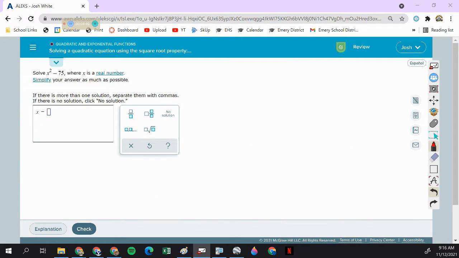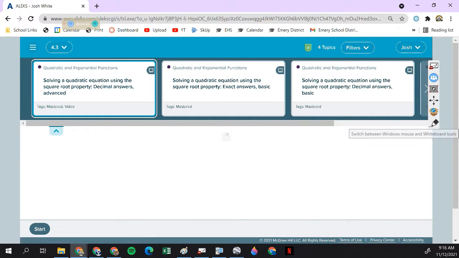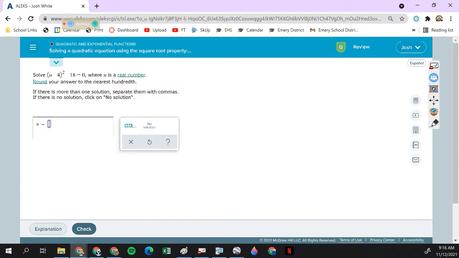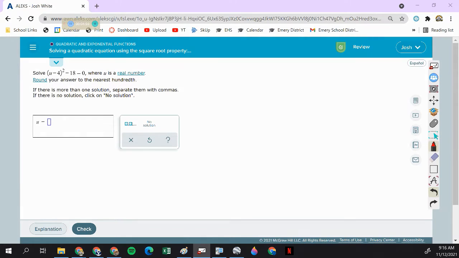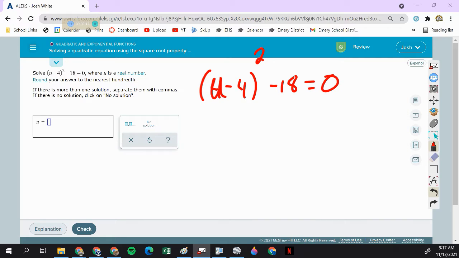All right. And then the last type. We need to solve the quantity u minus 4 squared, minus 18 equals 0. So we need to figure out what order this needs to be solved in.